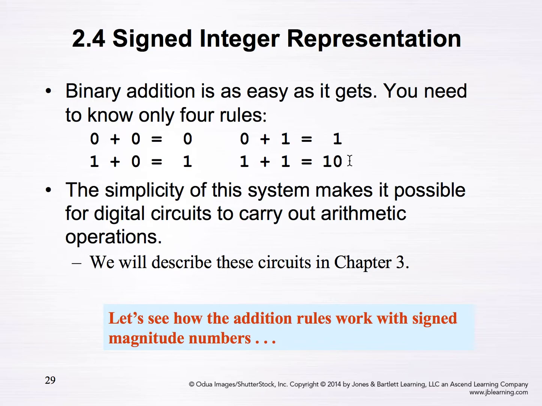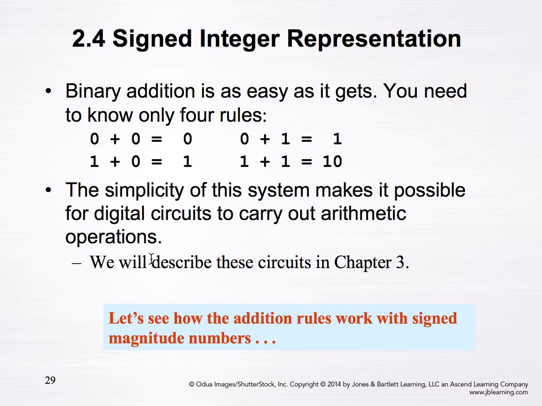Remember, this is binary representation. 1 0 is not 10. 10 is the decimal representation, but this one is 1 0. The simplicity of this system makes it possible for digital circuits to carry out arithmetic operations, and we will describe the circuits in chapter 3 next week.